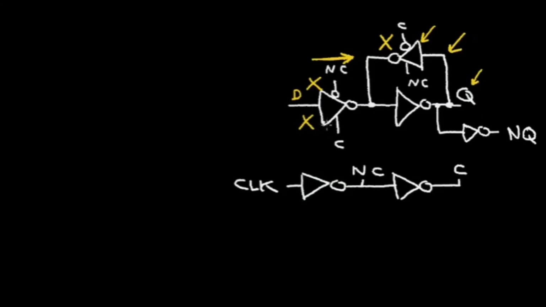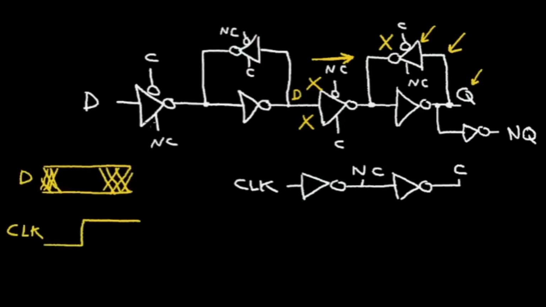So this is only part of the D-Flip Flop. So let's show the rest of the D-Flip Flop. What I've done here is I've repeated this latch circuit at this location here.